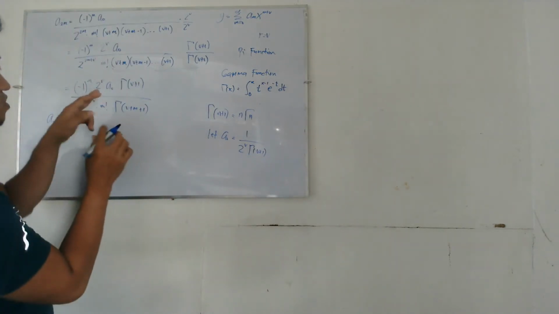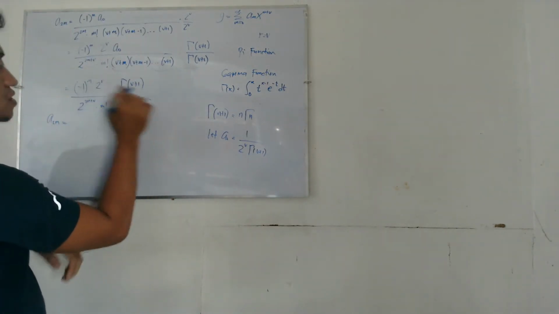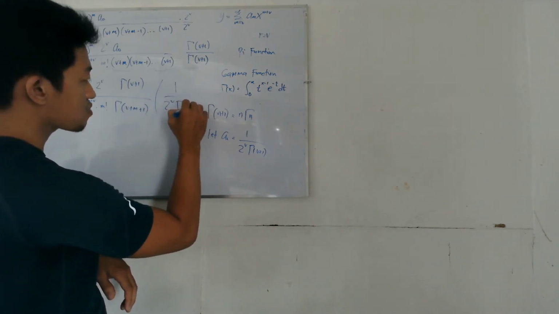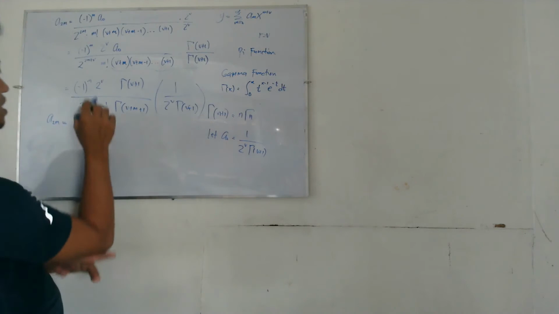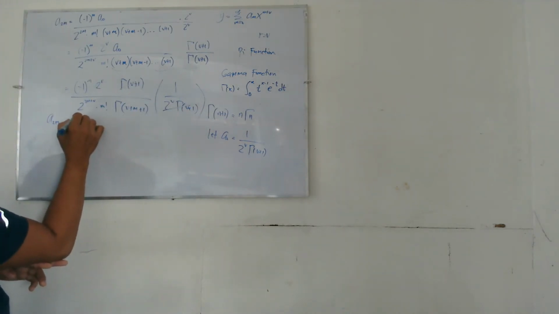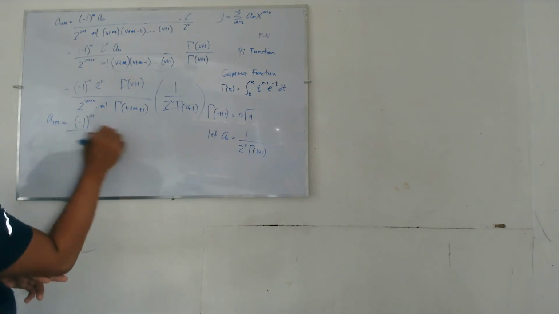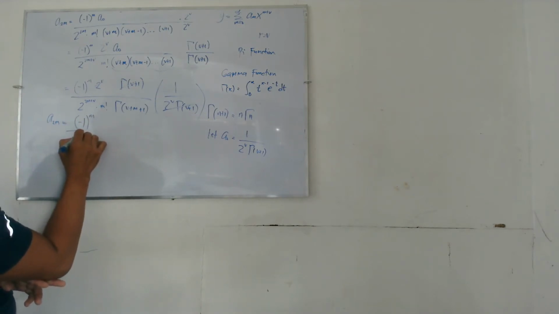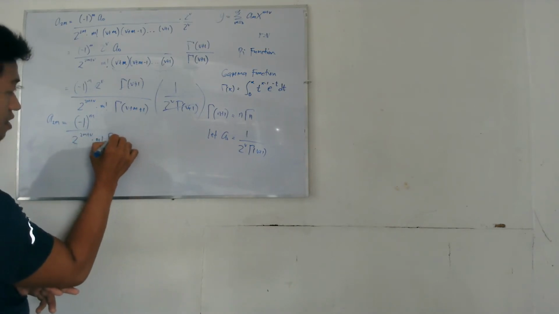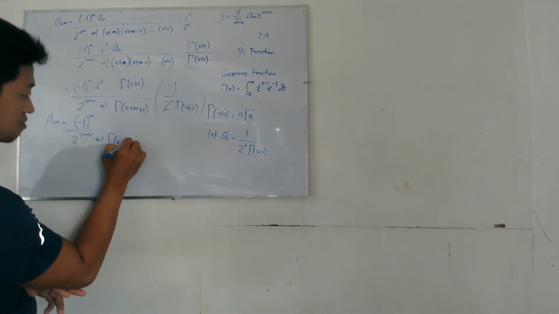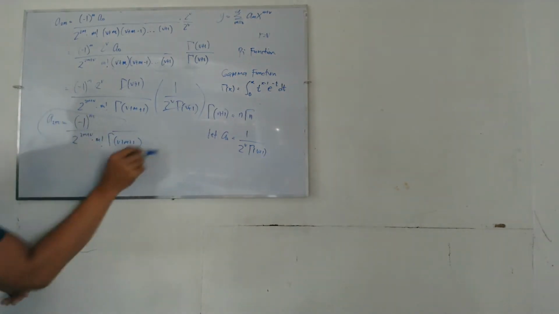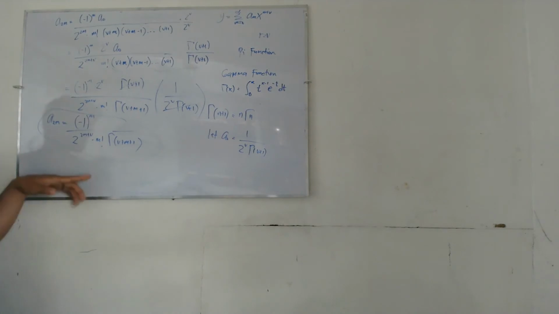Then what happens when we substitute it? It cancels, and we have negative 1 to the m over 2 to the 2m plus b times m factorial gamma of b plus m plus 1. So this is now your coefficient. Again, this is not yet the solution.